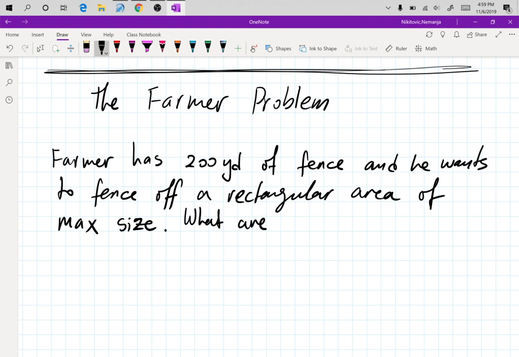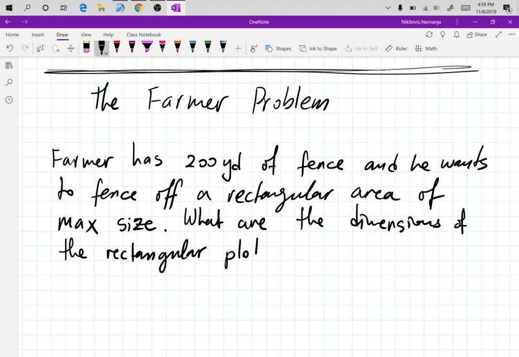What are the dimensions of the rectangular plot?